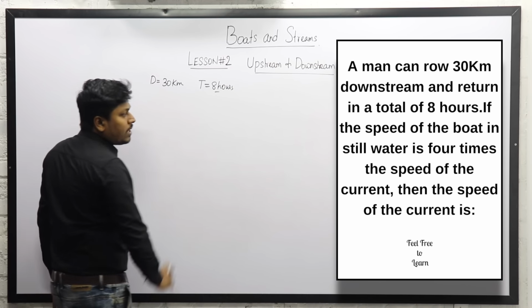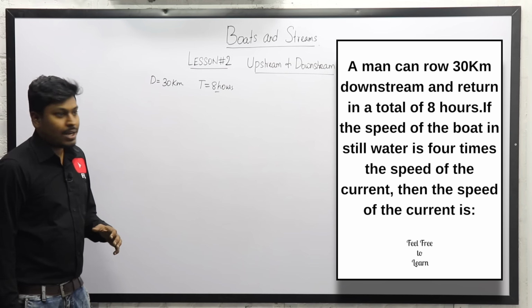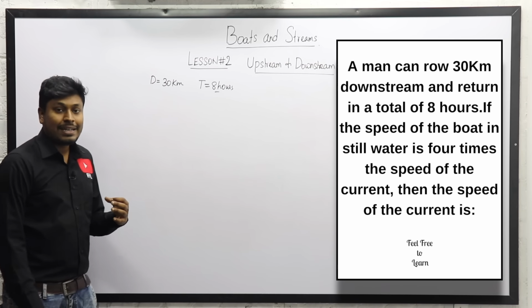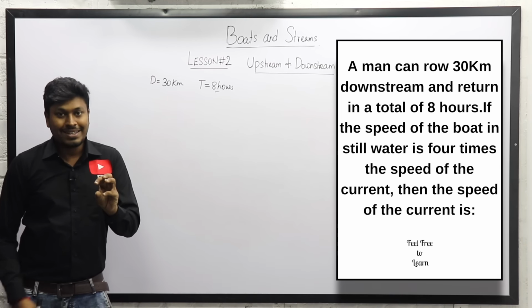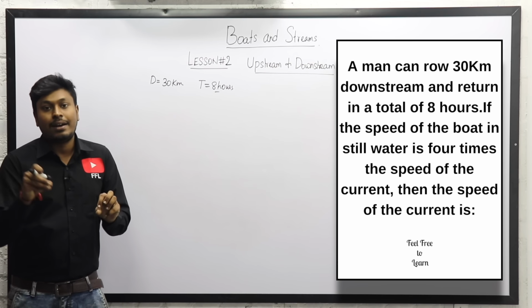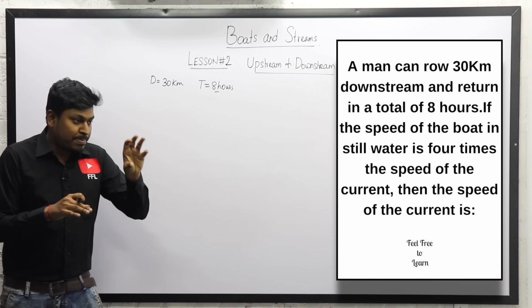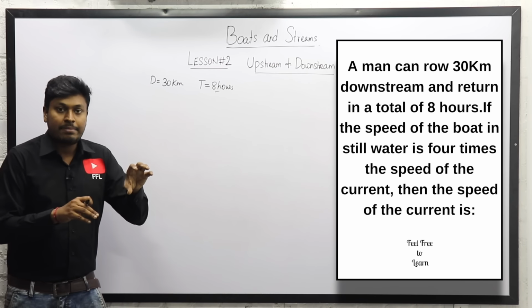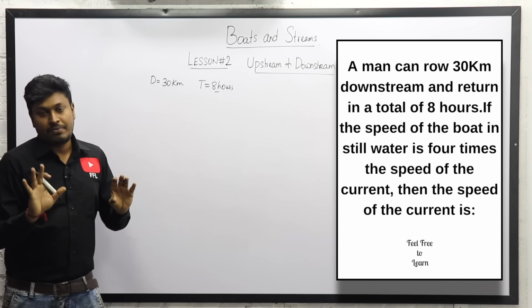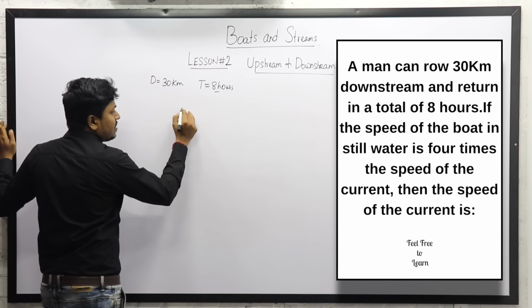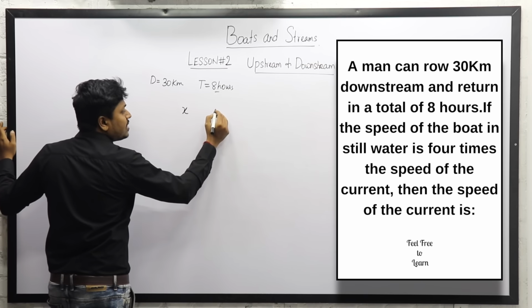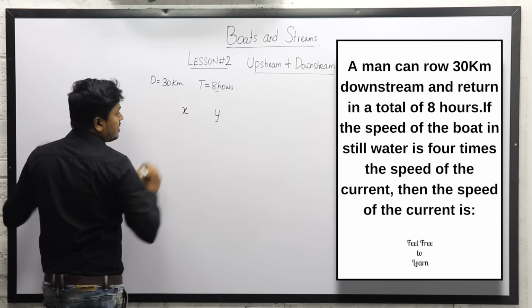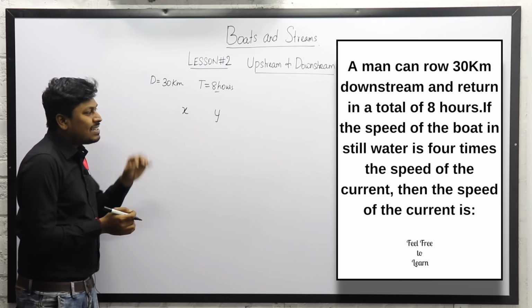But here they are talking about the speed of the boat and also the speed of the current in terms of 4 times. Just see here, speed of the boat is 4 times the speed of the current. What is the meaning of it? The speed of the boat is 4 times the speed of the stream. For example, let me assume this as X, and we don't know the speed of the stream, so let me assume this as Y. Just listen to that word carefully.